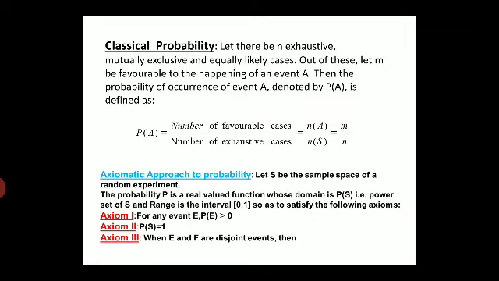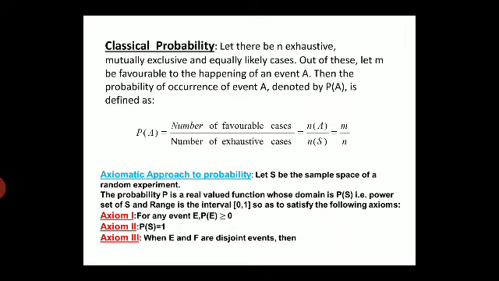Now we'll discuss about one of the important topics called axiomatic approach to probability. Let S be the sample space of a random experiment. The probability P is a real valued function with domain P(S), that is power set of S, and range is the closed interval 0 to 1, so as to satisfy the following axioms.